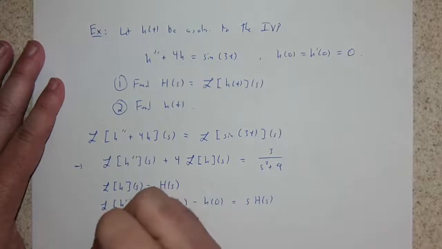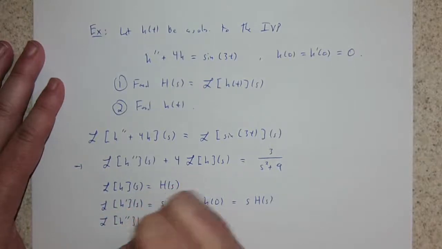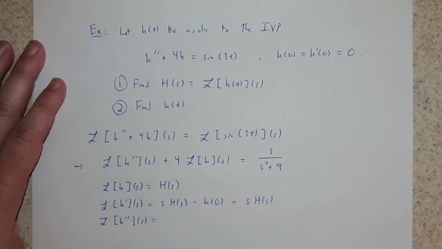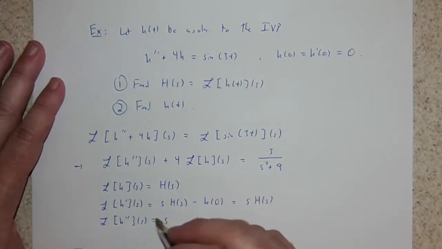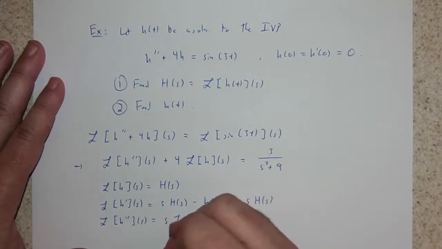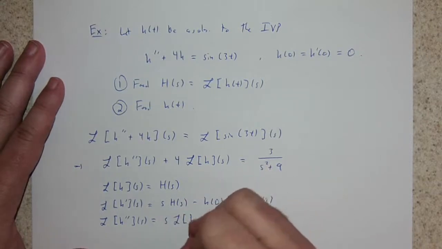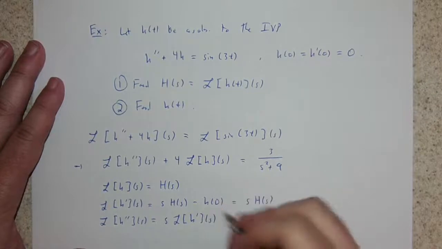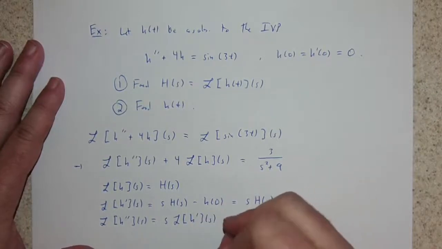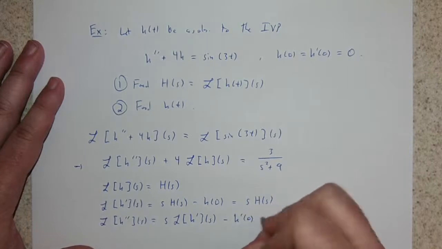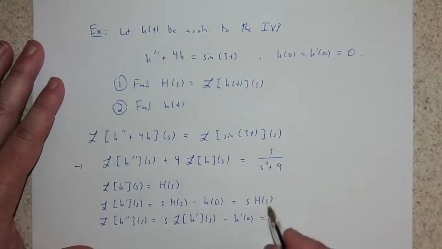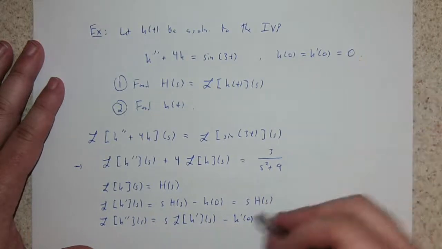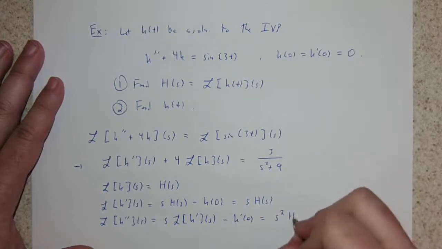And then the Laplace transform of h double prime of s is going to be s times the Laplace transform of little h prime of s minus little h prime of 0, which is 0. So this is s squared big H of s.